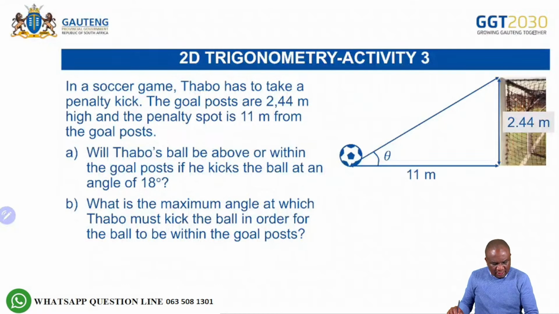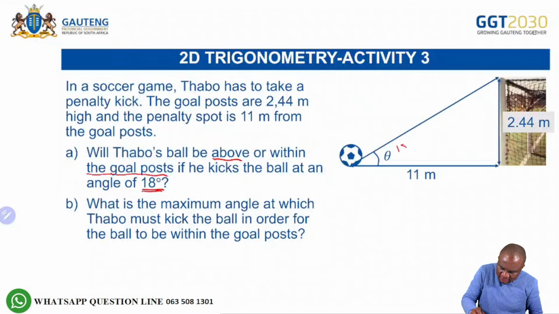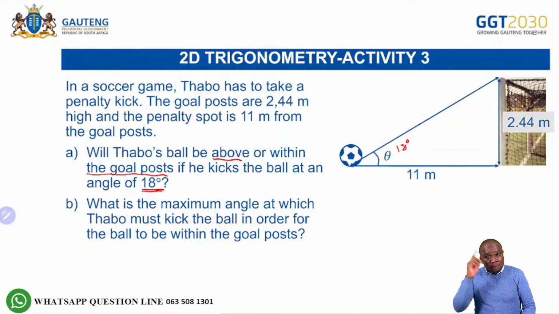Will Tabo's ball be above or within the goalposts if he kicks the ball at an angle of 18 degrees? Will this ball be within the goalpost or over the bar? We want to find out. So we want to find the height of the ball when it gets to the goalpost here. How high will it be?